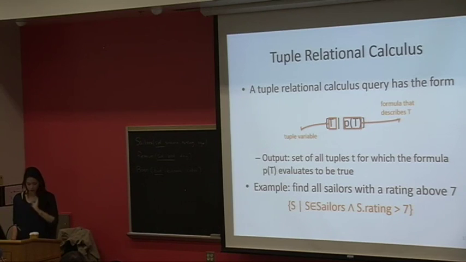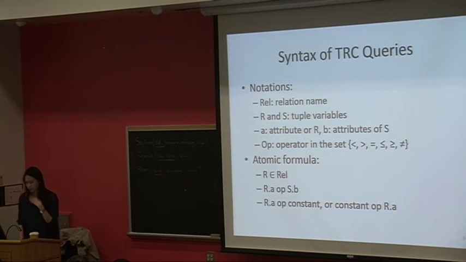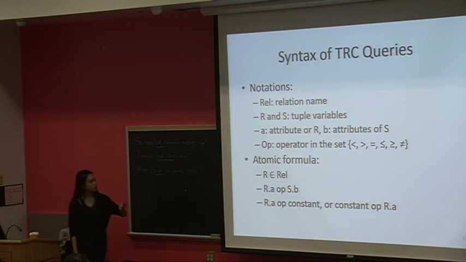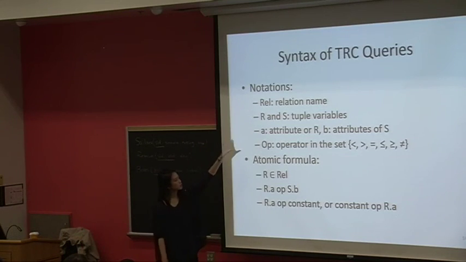Next time we will work on different examples, also mapping to the 10 queries we did for relational algebra. But before we do that, this time I'll just quickly talk about some of the very basic background for TRC, tuple relational calculus. So for the notations, these are notations that will be easier when I talk about here.